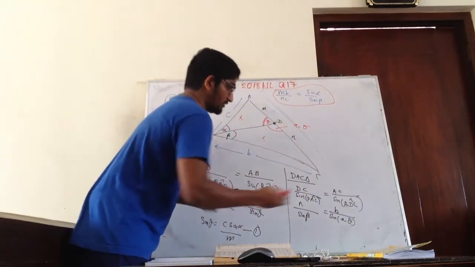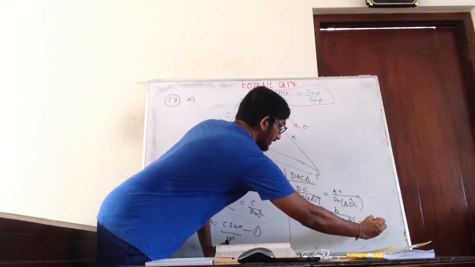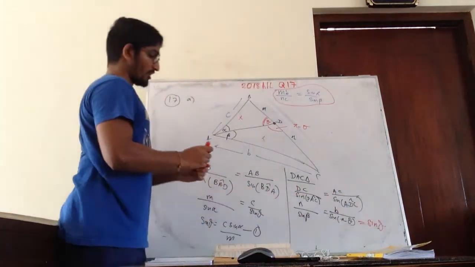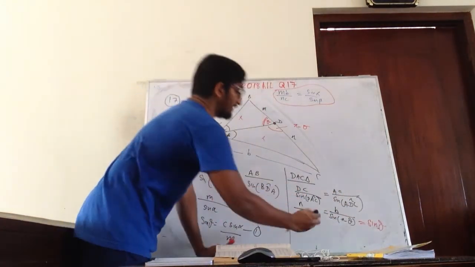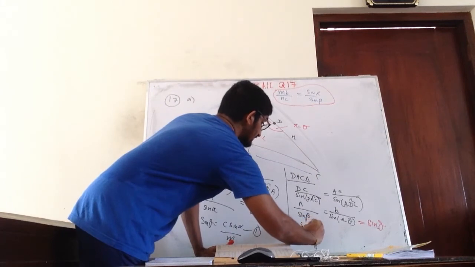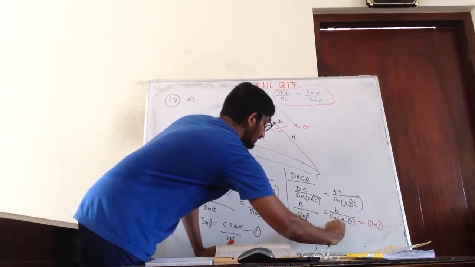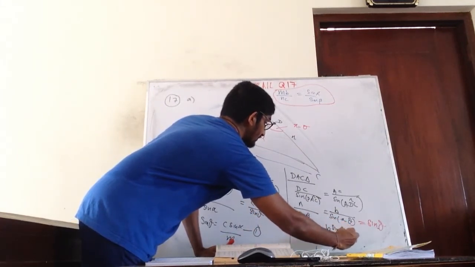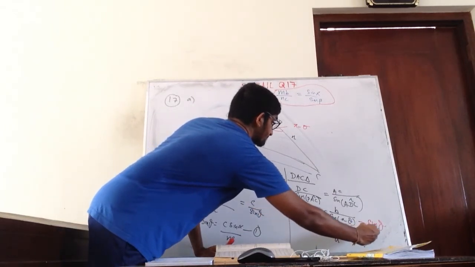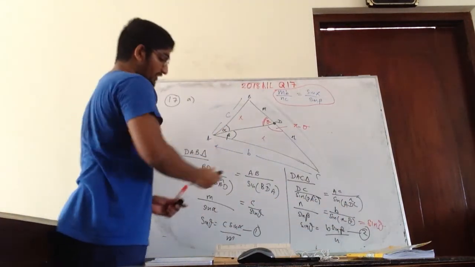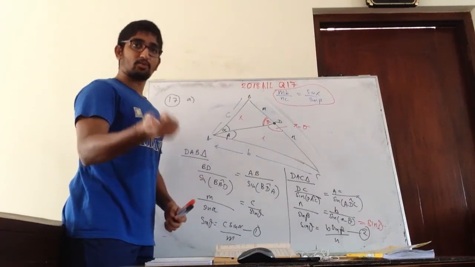So this is equal to sine theta. So then you can get another term for sine theta as well. So now sine theta will be B sine beta over N. So from these two I am going to derive the equation that we want.